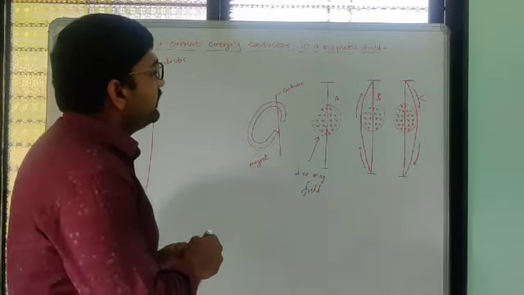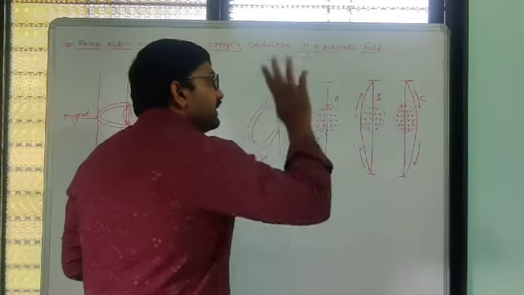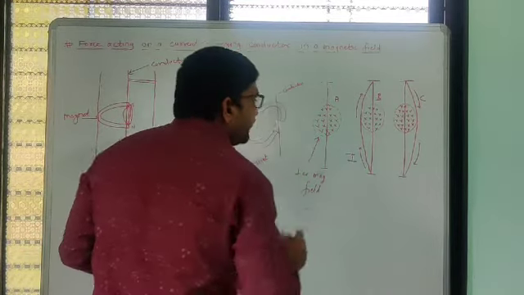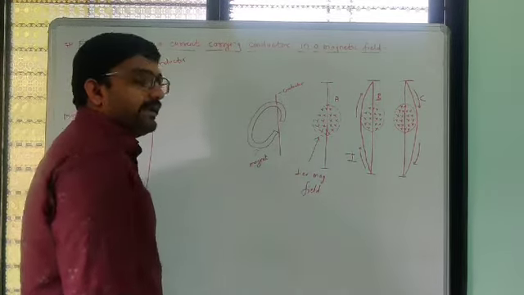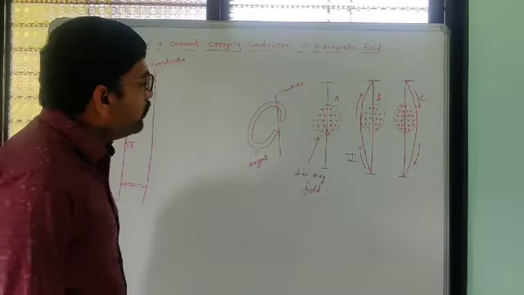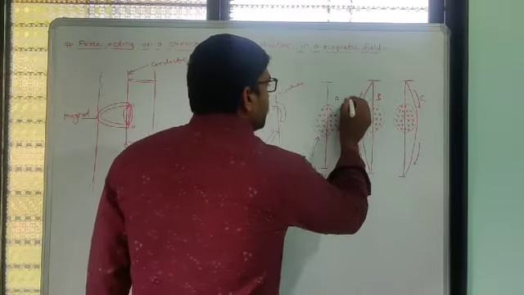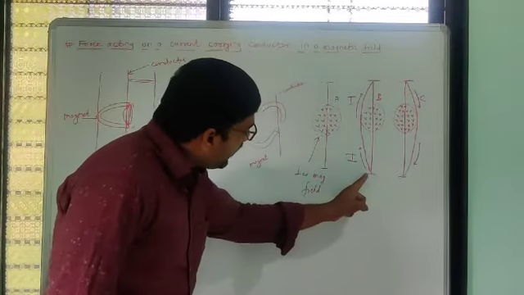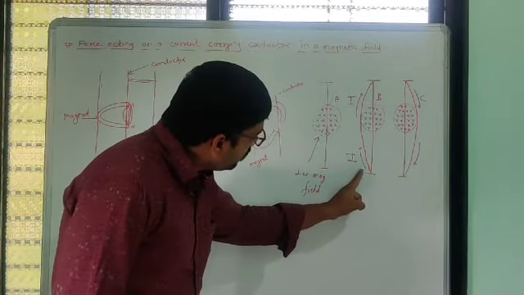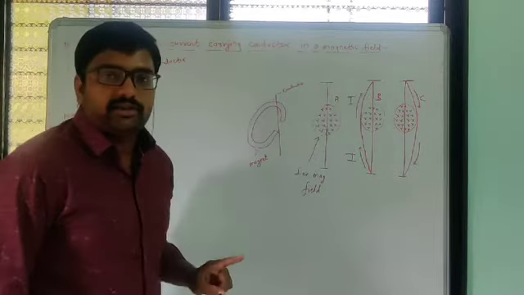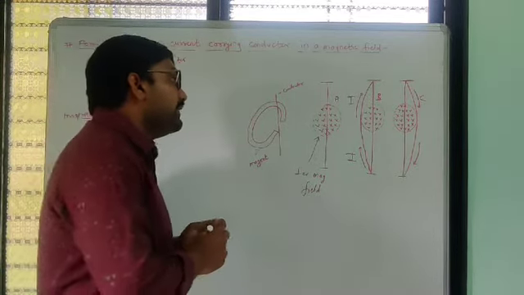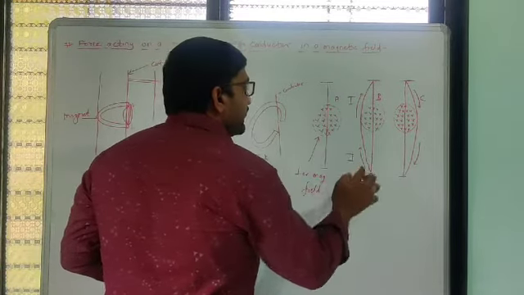Now we see the second case, B. If we connect the electric conductor to the battery, what happens? If current is passing from downward to upward direction, at that time this electric conductor bends to this side.